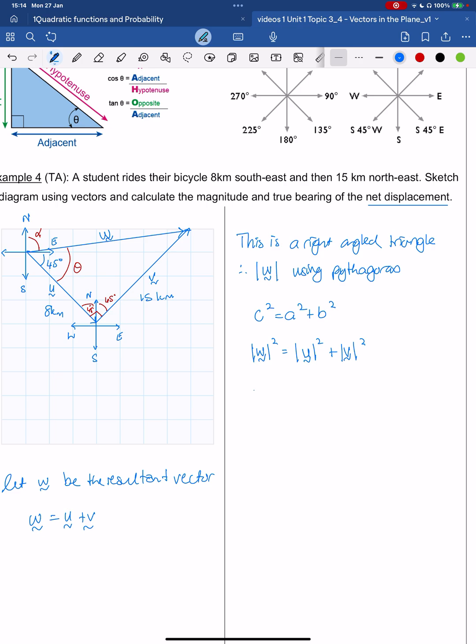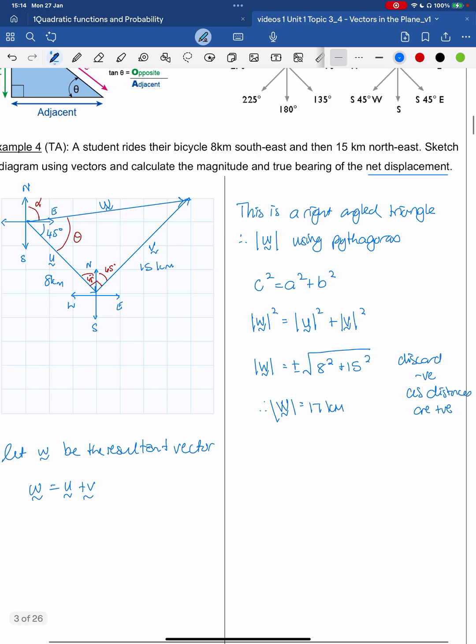And that means that my magnitude of W will be plus or minus the square root of 8 squared plus 15 squared, and we discard the negative as distances are positive. So therefore the magnitude of W is going to be 17 kilometers. So that distance W is 17 kilometers.